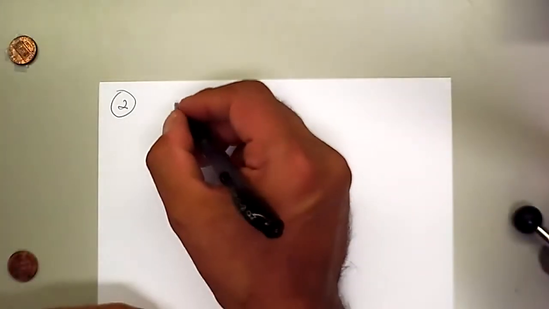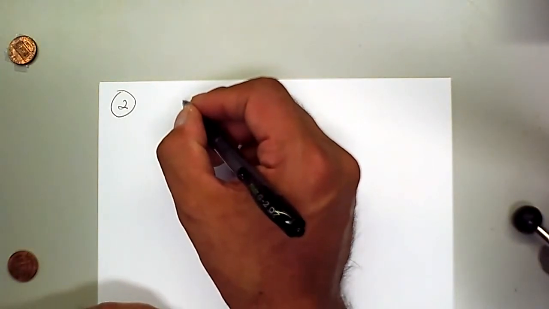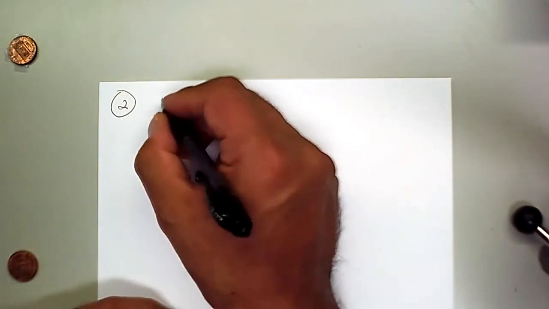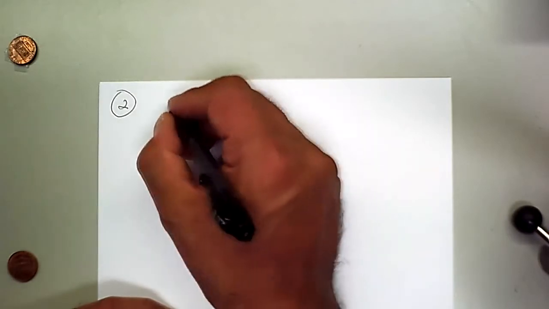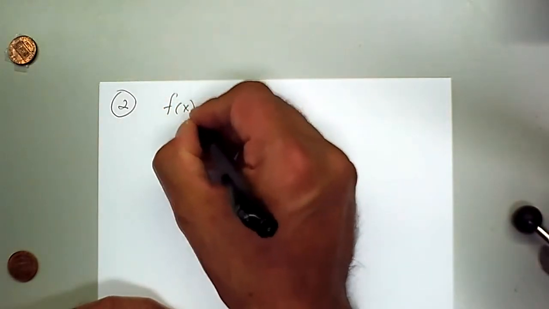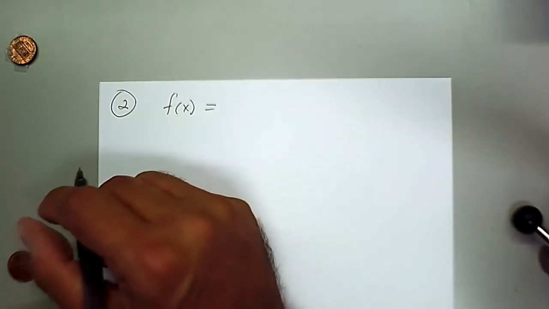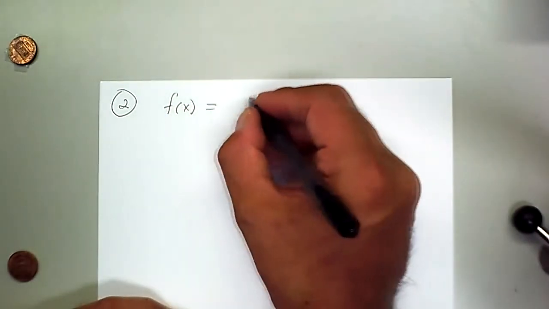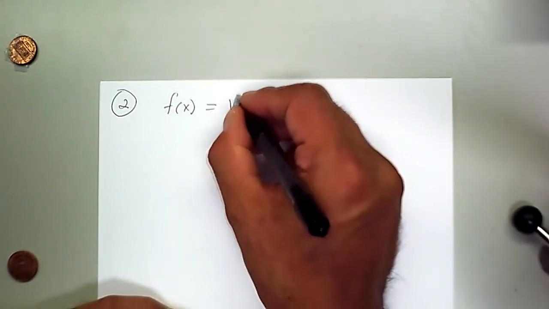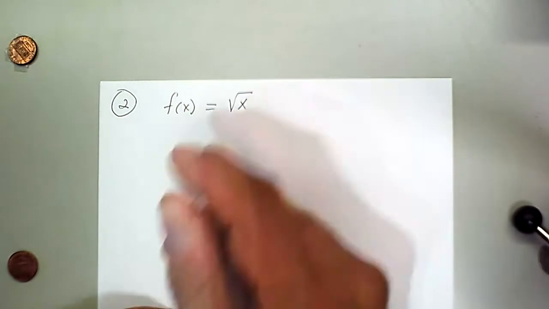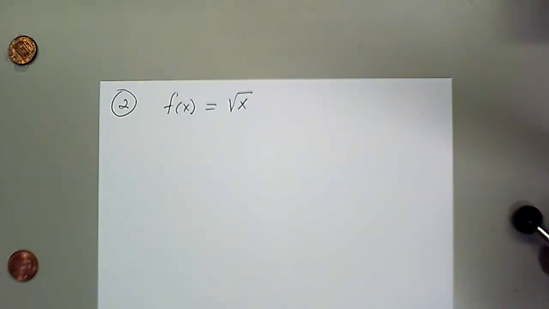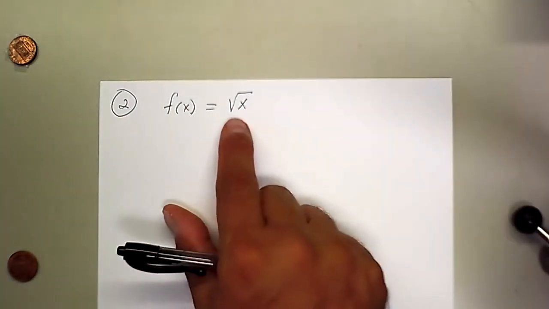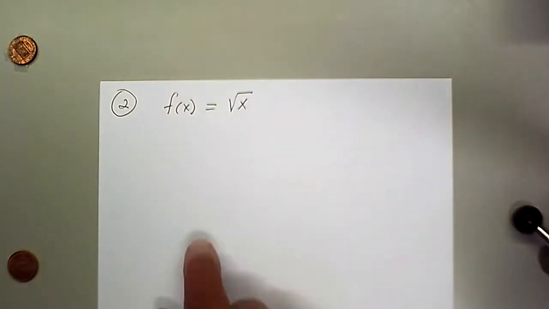Example 2 has to do with the square root. So I'm going to use the same name, f, but we're going to have a different function. Let's start with something very, very simple. The square root of x. It isn't too simple, but it is the simplest one we can come up with, the square root.